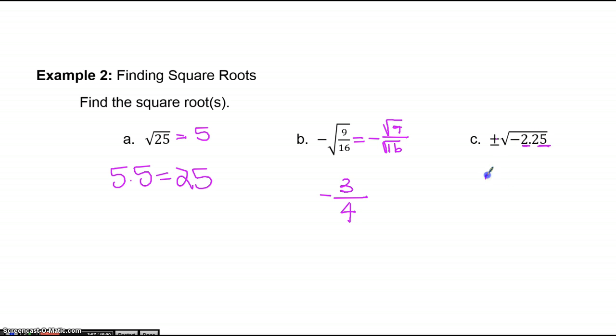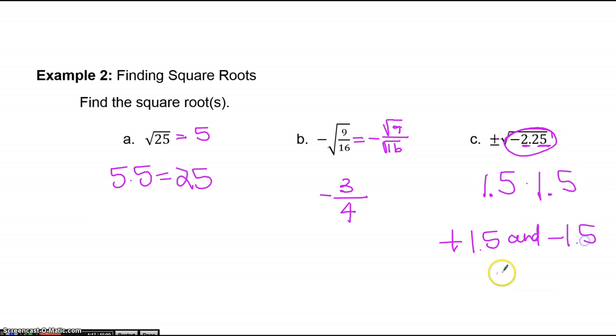So 1 times 1 is 1. What times what is 0.25? Well, I know that 1.5 times 1.5 gives me 2.25. So these are my two roots: positive 1.5 and negative 1.5, or you can just write plus or minus 1.5.